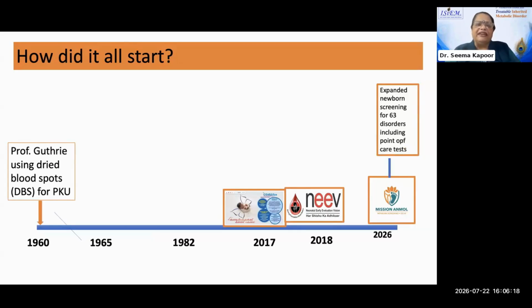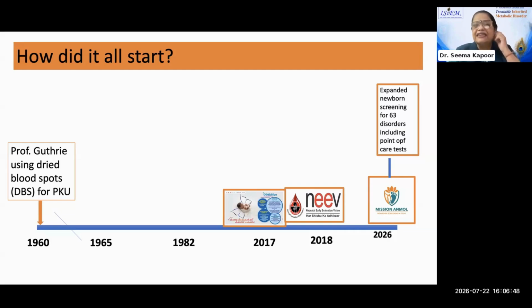So you must be knowing in 1960, it started with Professor Robert Guthrie, who did a microbiological assay, not even a biochemical assay, for a disorder with which his grandchildren suffered. These grandchildren were fair in color, with depigmented skin and light iris, and they were mentally retarded.